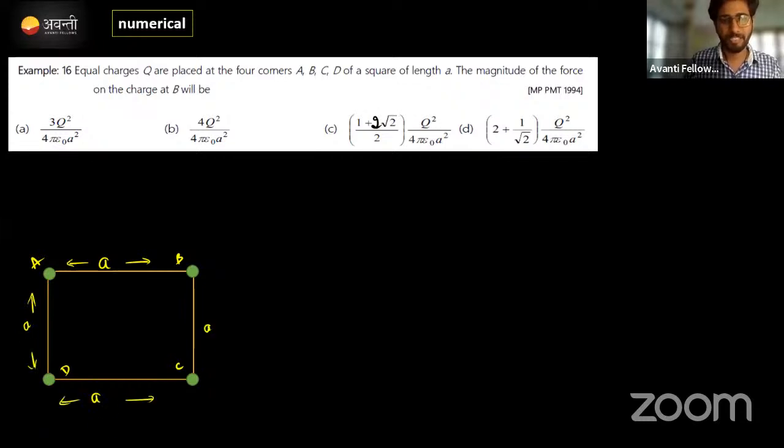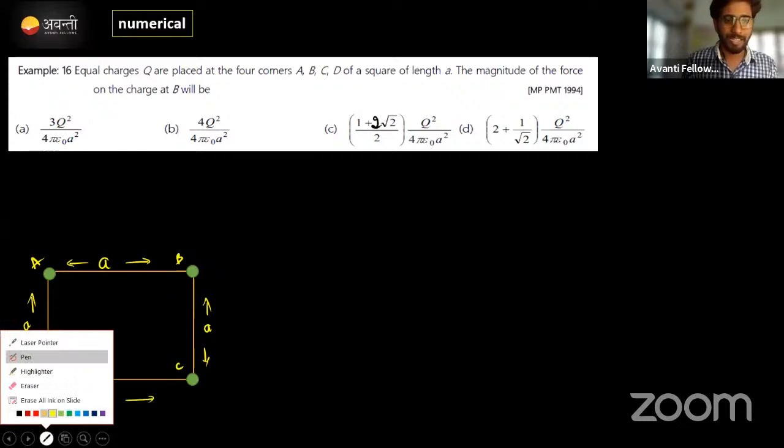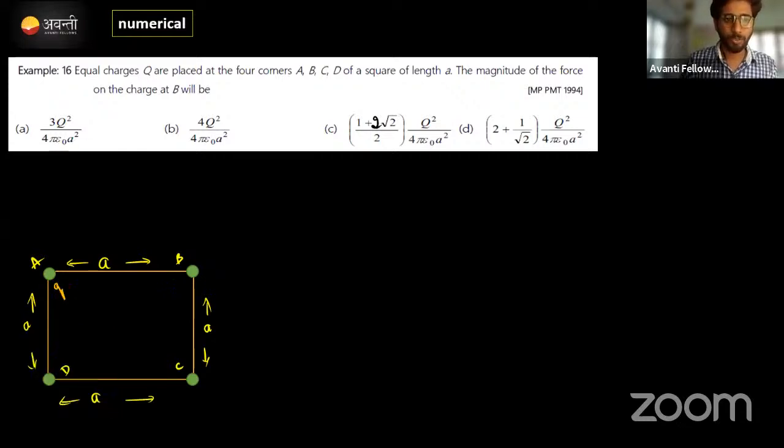This is also A. Now all the charges, they told us Q, means the value of the charge will be the same. Q1, Q2, Q3, Q4 are all the same. We need to find the net force acting on B. देखो इधर, they have explained it properly: equal charges at four corners A, B, C, D of a square of length A. The magnitude of the force on the charge B will be.